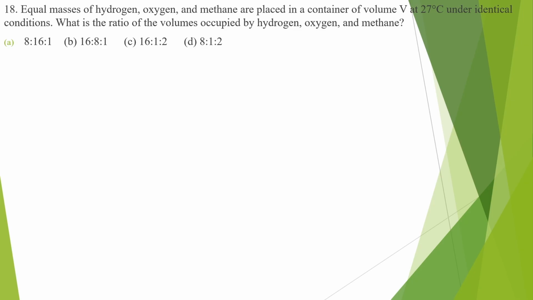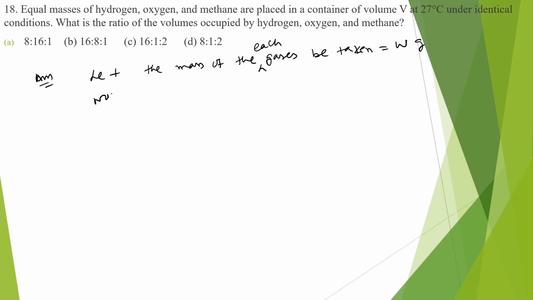Okay, so let the mass of the gases be taken to be W. So, the number of moles is the mass of each gas divided by molar mass. The number of moles of H2, if we say this is N H2, is W by 2.